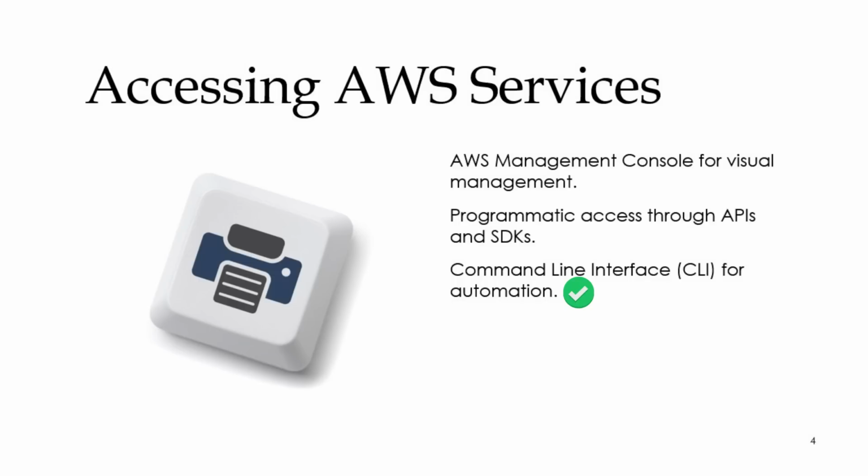Think of it as giving instructions to a robot chef to prepare your pizza exactly as you want it. No matter your preferred method of access, AWS ensures that you can manage and interact with your cloud resources securely and efficiently. Whether you're a visual learner who prefers a graphical interface or a command line aficionado who enjoys the power of automation, AWS has you covered.